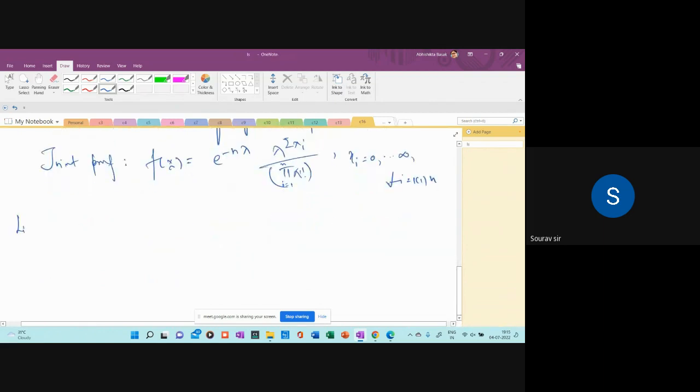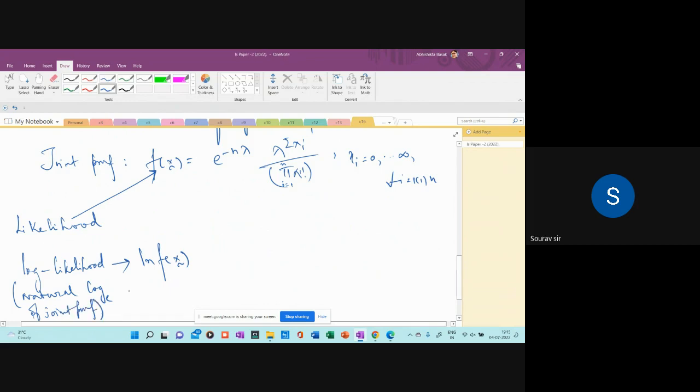This is the joint PMF, and I would like to take the likelihood. So this is my likelihood. Now I will take the log likelihood, which is basically the natural log of the joint PMF.